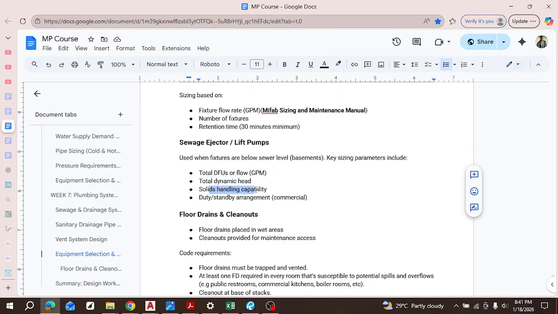And then you check the solid handling capability, because the pump has to be able to work with solids. If it's not a pump that can work with solids, it will spoil, it will get damaged. Then another thing to consider is the standby arrangement. I've spoken about this before, where especially in commercial buildings, any equipment can spoil anytime, right? And it's usually good to have one on standby. It is expensive, right?